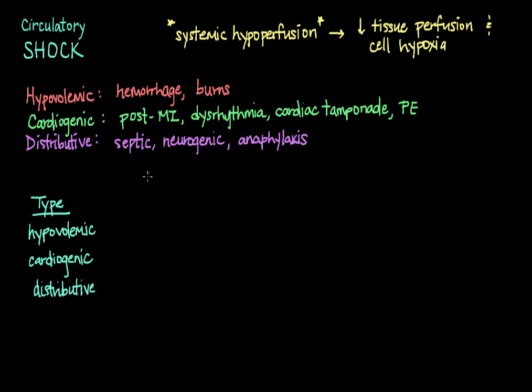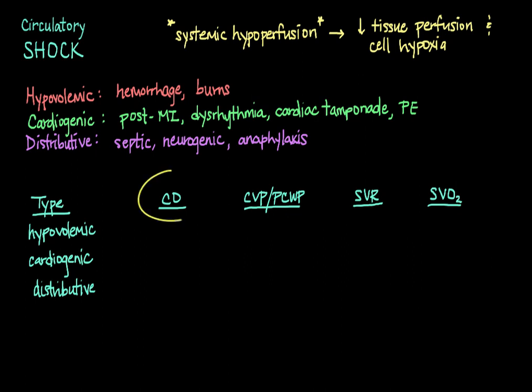And then the four parameters that we have to compare these different types of shock are cardiac output, central venous pressure or pulmonary capillary wedge pressure, systemic vascular resistance, and venous oxygen saturation, which we'll abbreviate as SVO2.